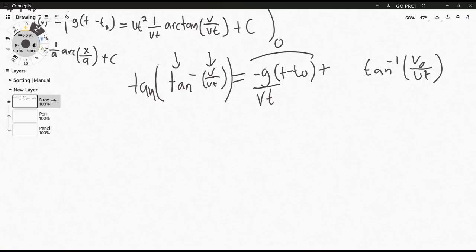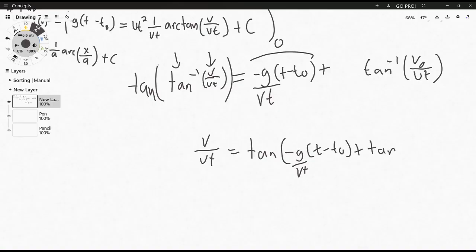And then I'm going to have v over vt equal to tangent of negative g over vt times t minus t0 plus tangent inverse, or arctan, of v0 over vt.